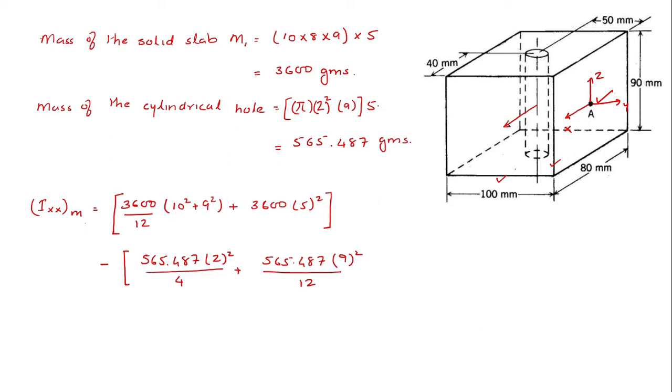Now I'll have to use the parallel axis theorem in order to shift this to this axis. So that will be equal to plus the total mass 565.487 multiplied by the distance between them, that is pi square. So if you solve this, you would get 144,300 minus, this is due to the solid slab, minus 18519.7.